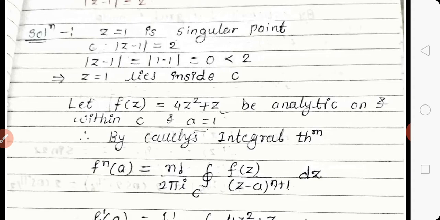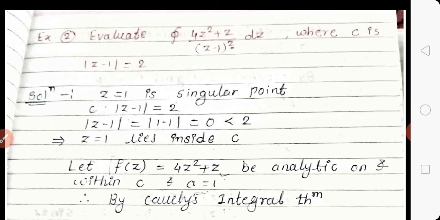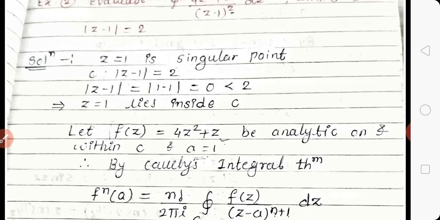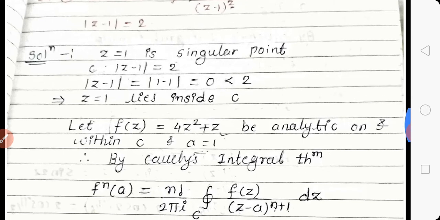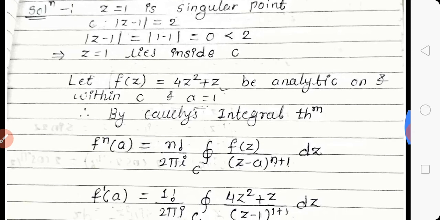Now we find the value of integration. For this, consider the function f of z. Here we consider 4z square plus z to be the analytic function on and within the closed curve C, and here a is equal to 1. Here z minus 1 square, that is z minus a raised to power. Then we use the Cauchy's integral differentiation formula to find the value of integration.